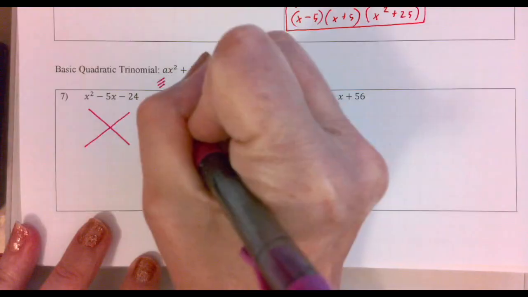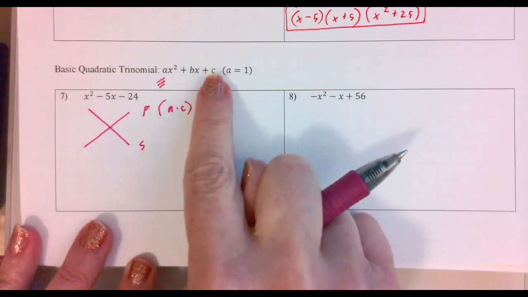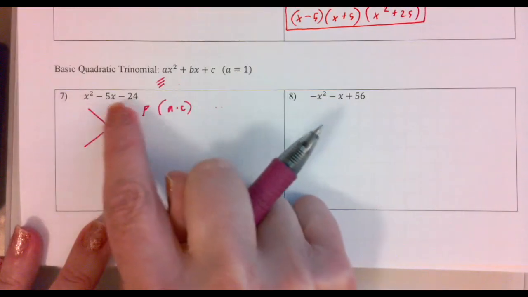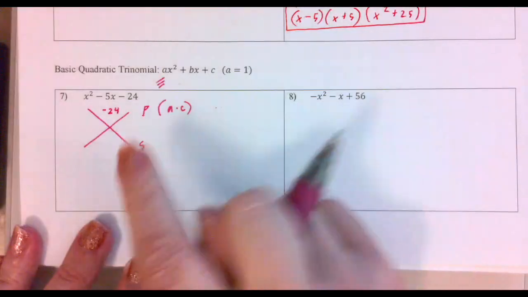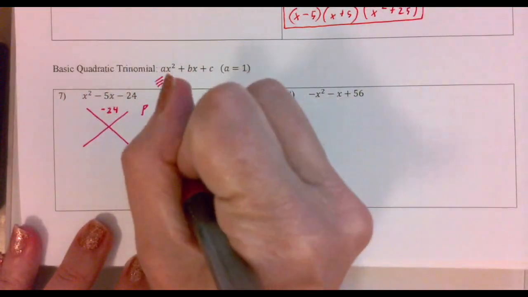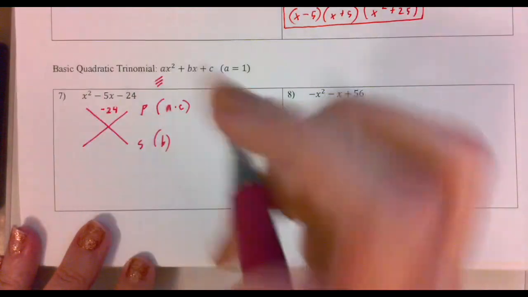My product is always the A times the C, so 1 times the negative 24. My sum is the B, so negative 5.